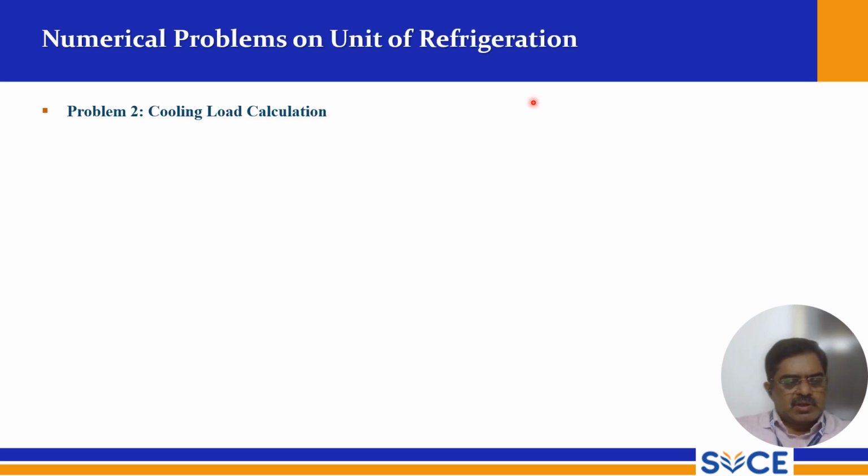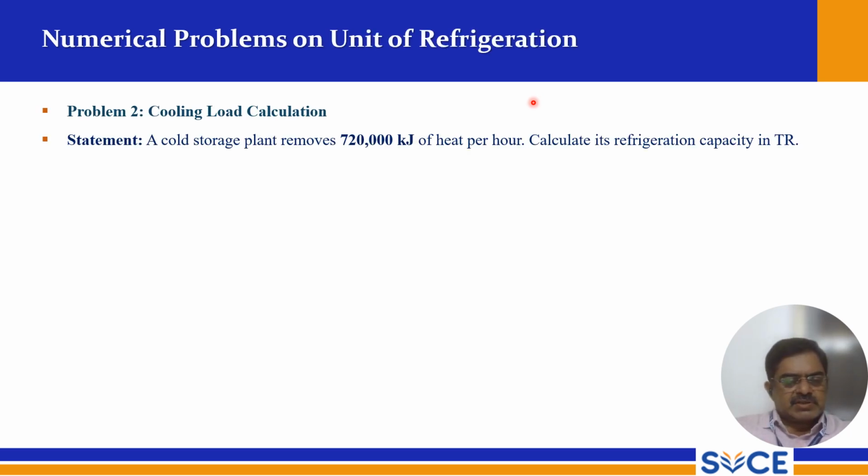We see one more problem on this. Cooling load calculations, that is tonnage calculation. A cold storage plant removes 7,20,000 kilojoules of heat per hour. Calculate its refrigeration capacity in TR, that is ton of refrigeration. 1 ton of refrigeration equals 211 kilojoules per minute.